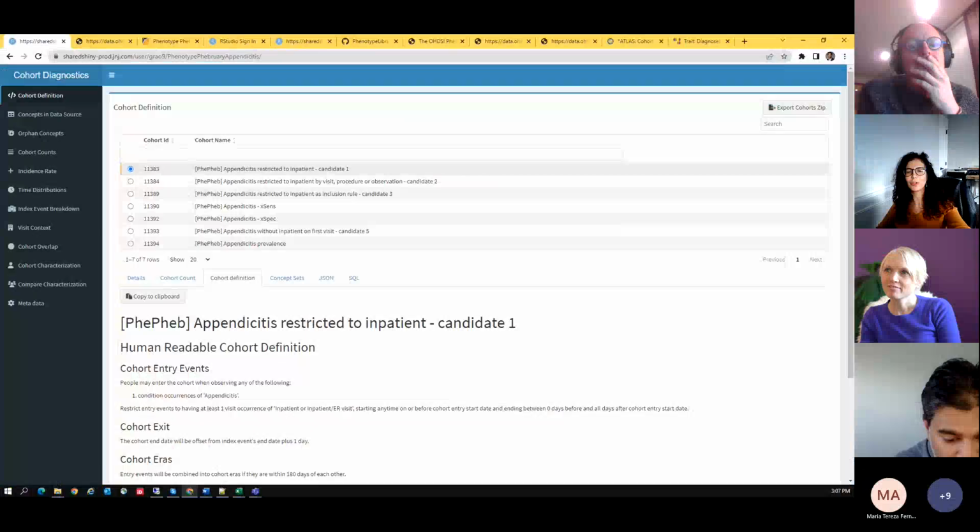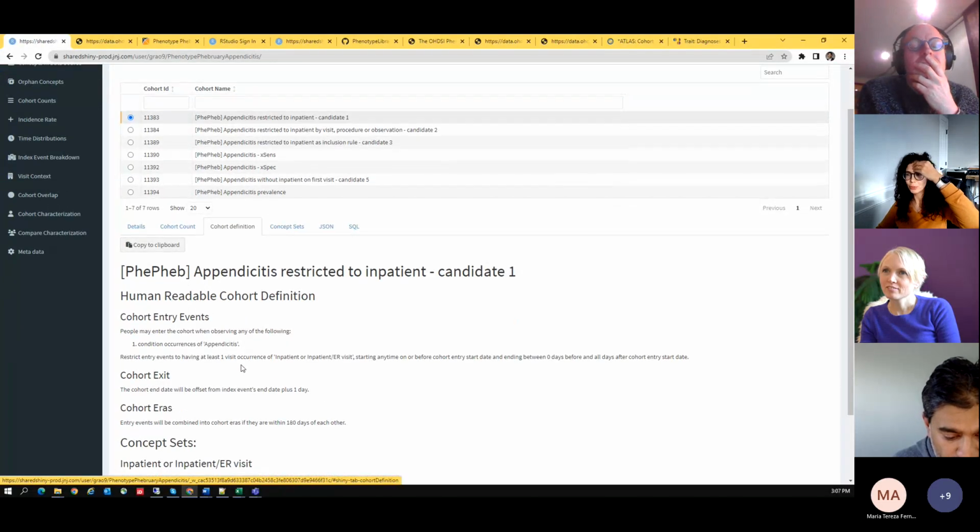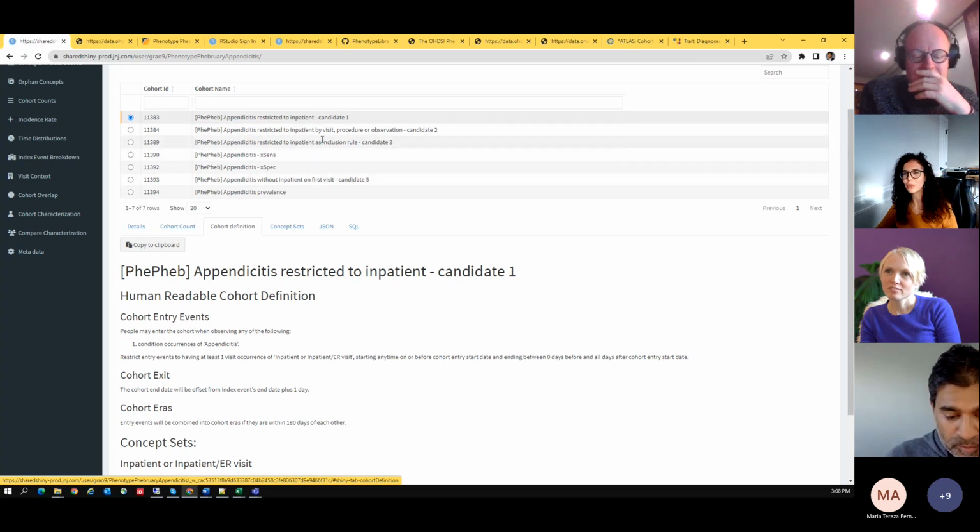Just for people who are not familiar with our tools: the way Gowtham configured the definition is that he required an inpatient or outpatient setting as a restriction on the initial event, not as an inclusion criterion. So none of our tools give us the attrition.